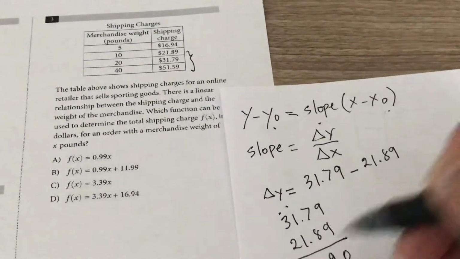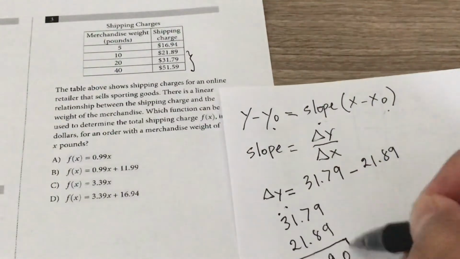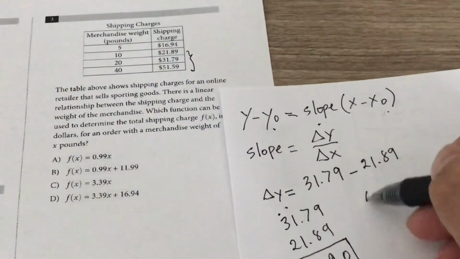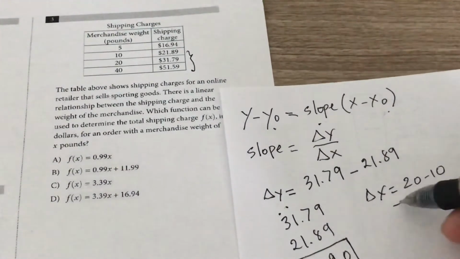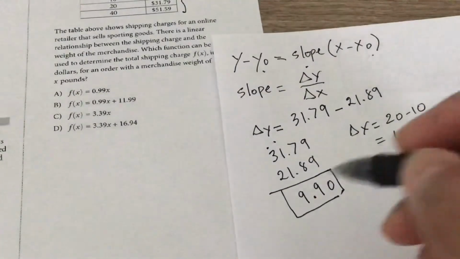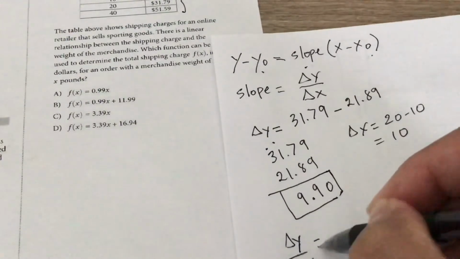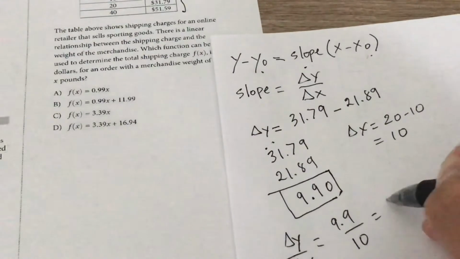So that's 9. Delta y is 9.9. Now delta x. What's delta x? 20 minus 10. That's 10. So the slope is delta y over delta x equal 9.9 over 10, which is 0.99.